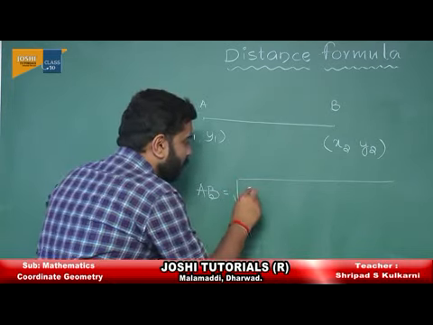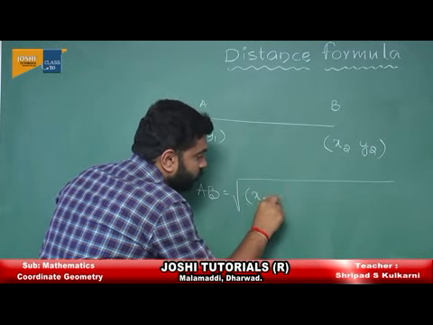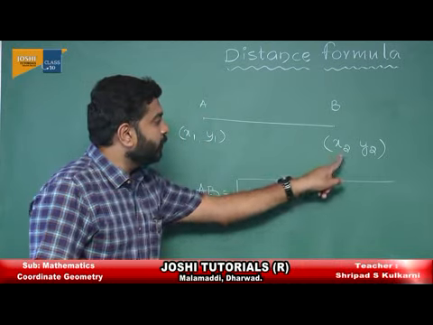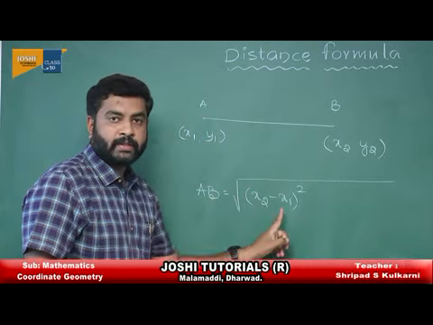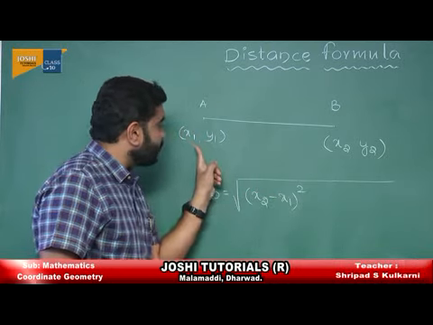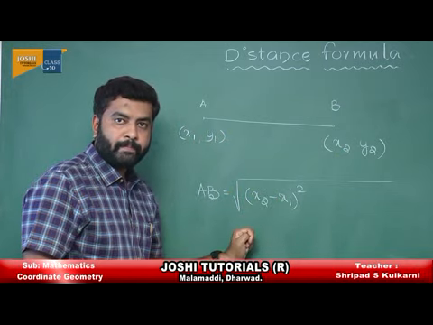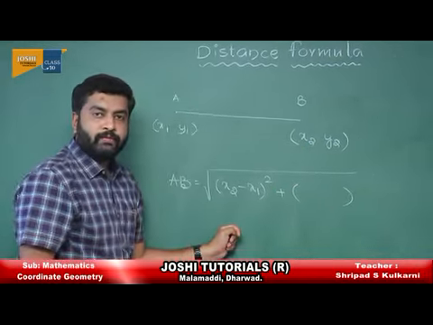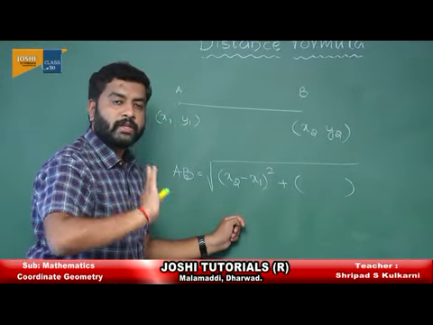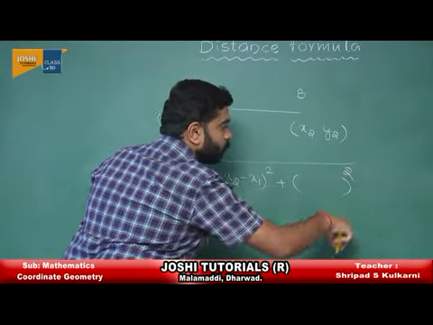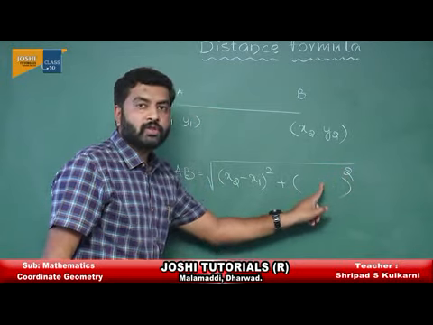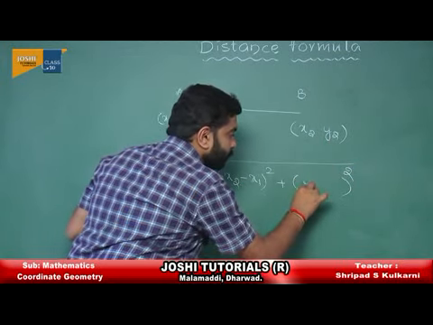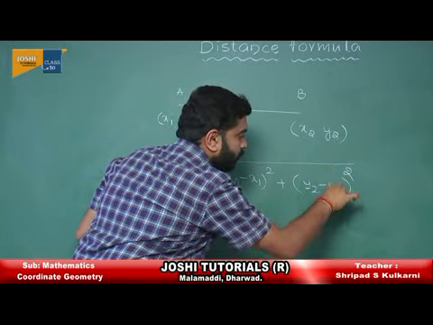Difference of x coordinate means x2 minus x1 whole square. I said difference of x coordinate x2 minus x1 whole square plus square of difference of y coordinate, y2 minus y1.